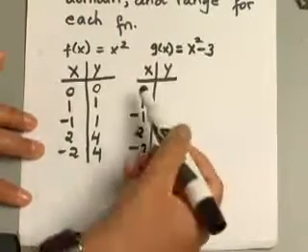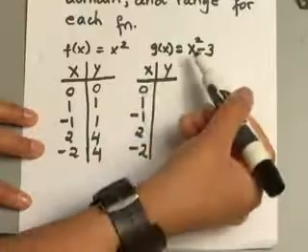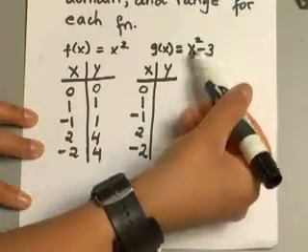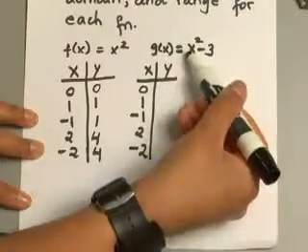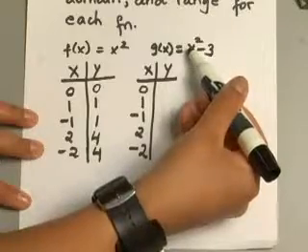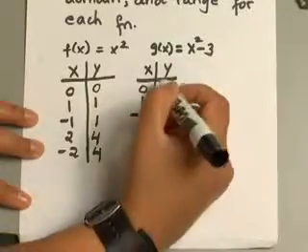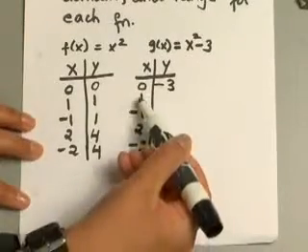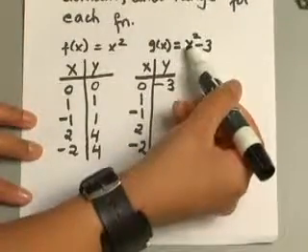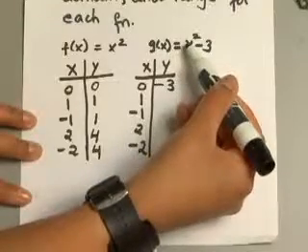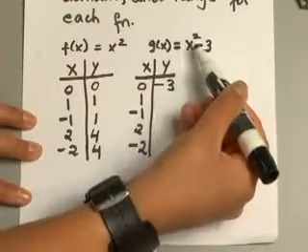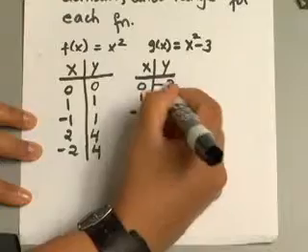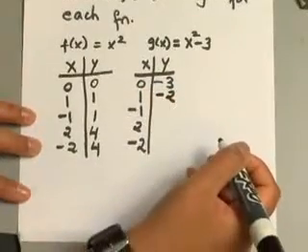So again, let's see what happens when we put x equals 0 in our definition here. 0 squared is 0. So 0 minus 3 will give us negative 3. What happens when you substitute 1 in your equation? 1 squared is 1. 1 minus 3 will of course give us negative 2.